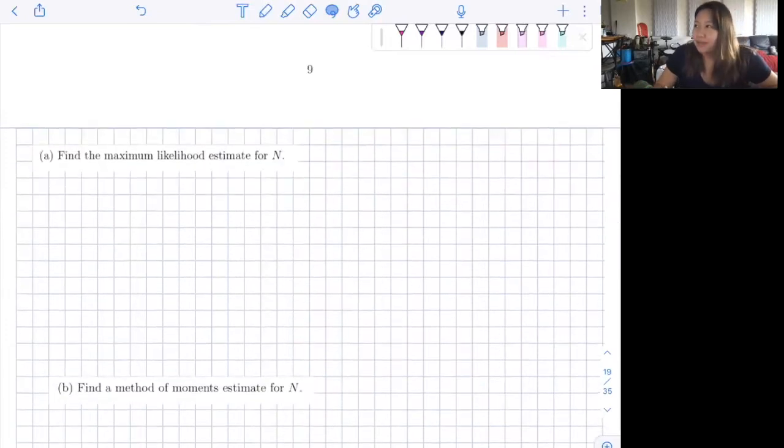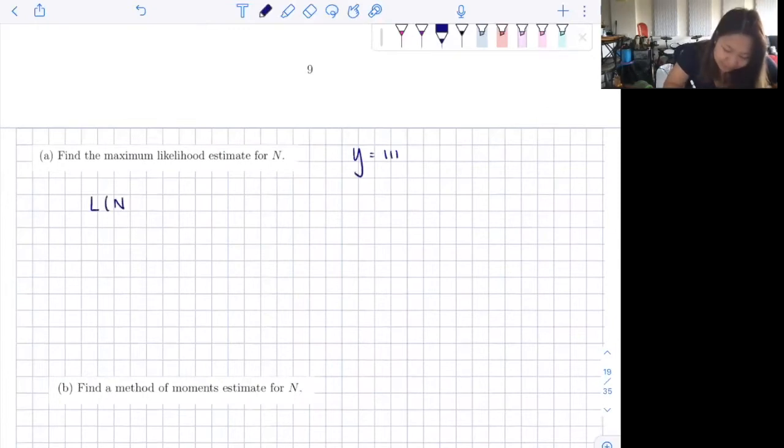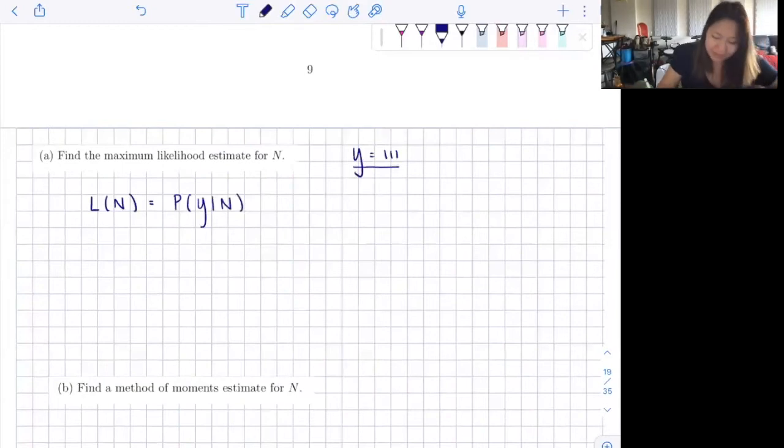So the only information you have is your book, which is Y equals 111. So the likelihood, L(N), is going to be the probability that you observe your data, P of Y given N. Note that there are N books, 1 through N, so we could have selected any of these at random.